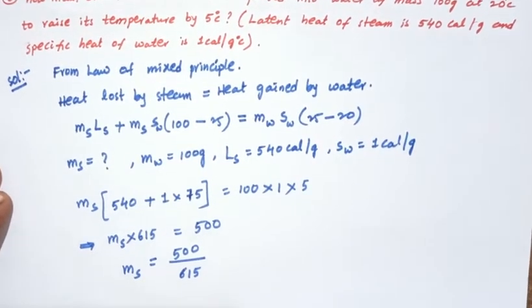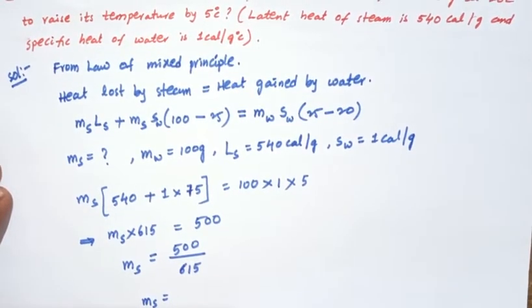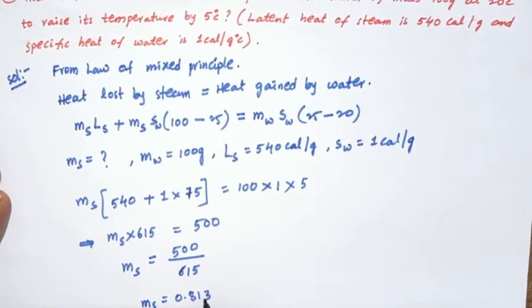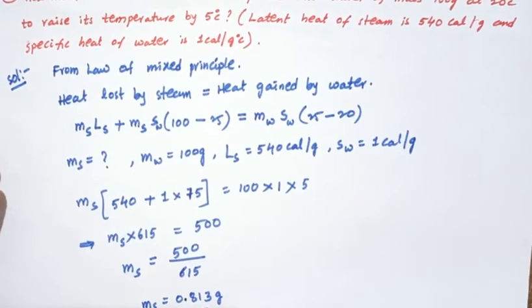So ms, the mass of the steam, equals 0.813 grams. So this is the answer.